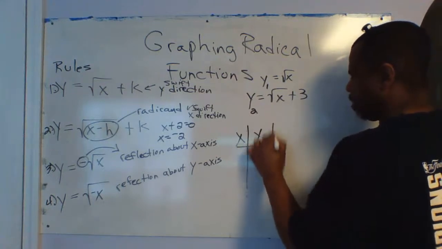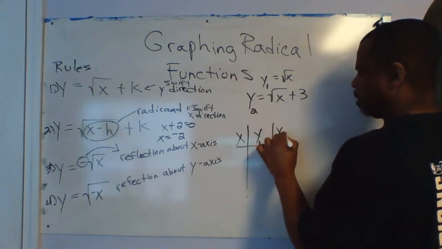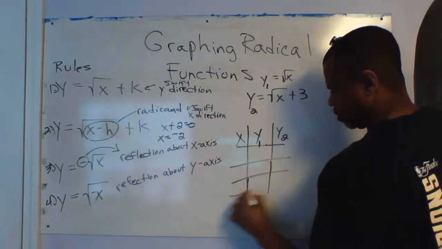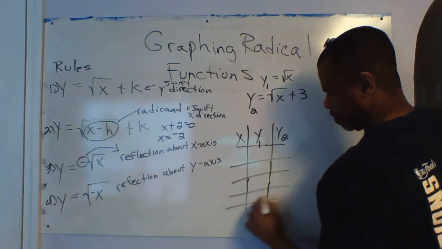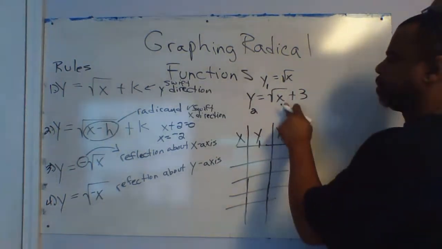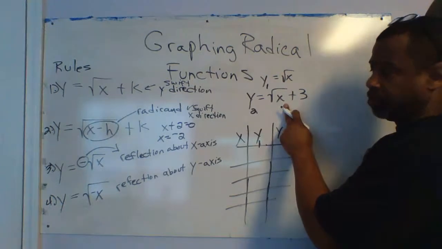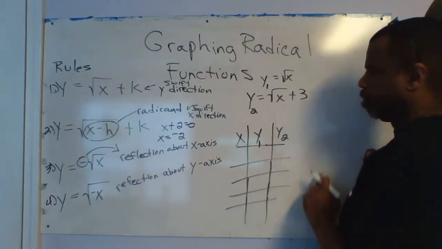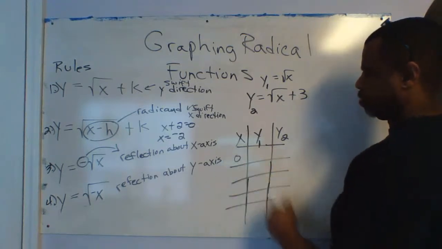Got my y1. And I have my y2. All right. So remember, this is an even root. So we can't have any negative numbers. So what we can start with is 0.